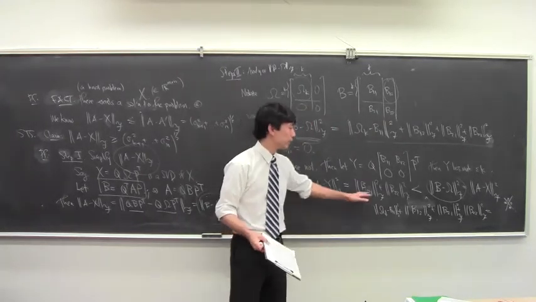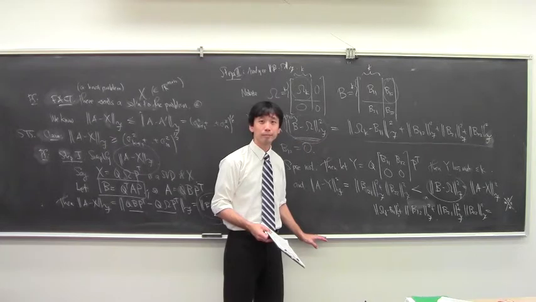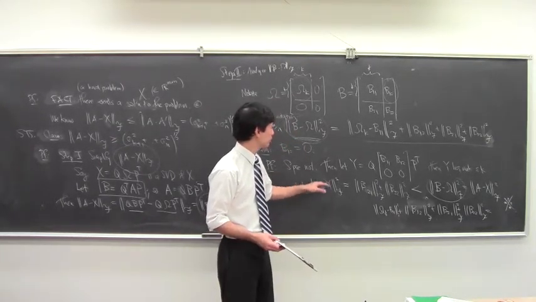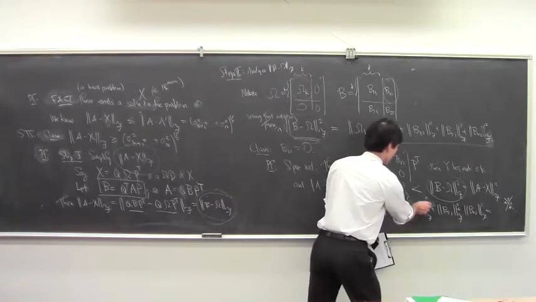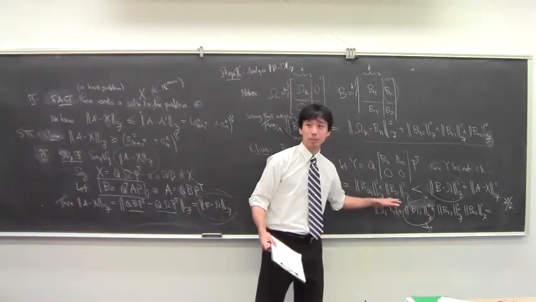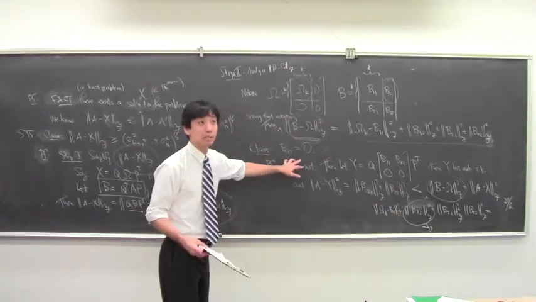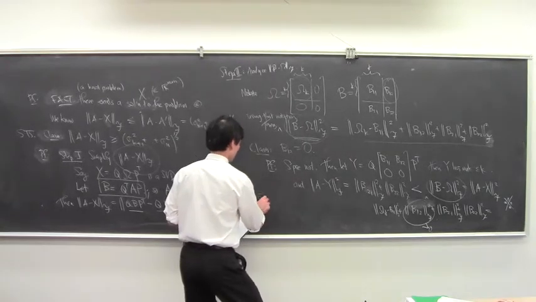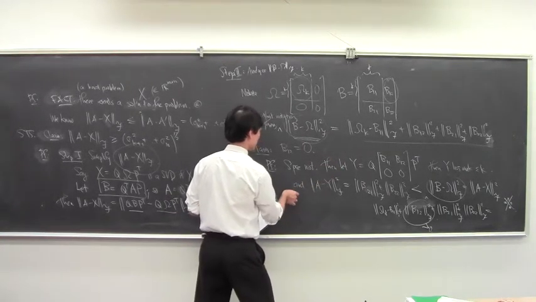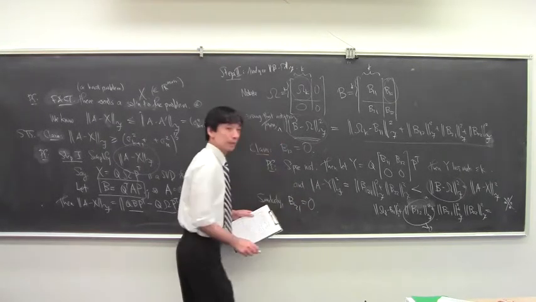So we'd end up with something strictly smaller. Because the point is that this is bigger than 0, so we're adding on something bigger than 0, it gets bigger. Okay? So B12 has to be equal to 0, and similarly, you create another matrix that would make things wrong, and you see that B21 has to be equal to 0 also.